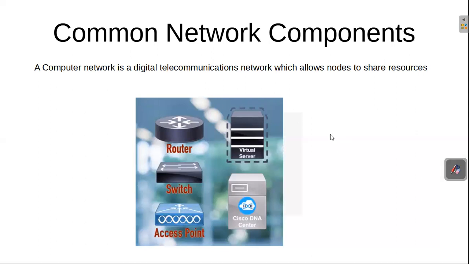Let me explain about the components which are used in the network. A computer network is a digital communication network which allows nodes to share resources. That is the purpose of using a network. What is the purpose?